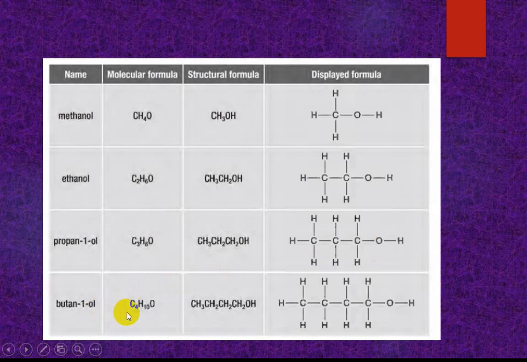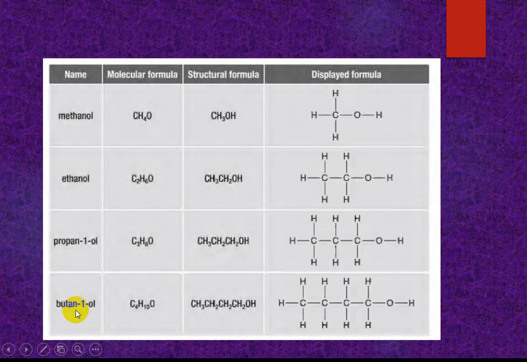Butan-1-ol, this is butanol. 4 carbon, 10 hydrogen, 1 oxygen. These are from the general formula CnH2n plus 1 OH. Okay, this is butan-1-ol. Butan means 4 carbon in a chain.